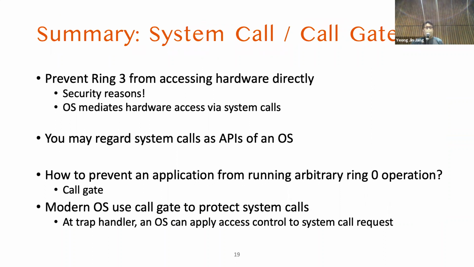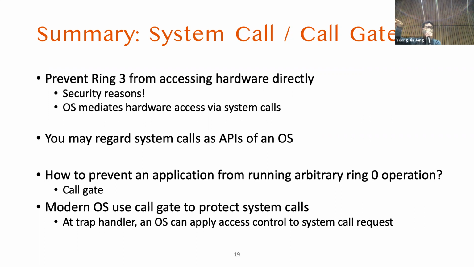So in summary, system calls are privileged services of the operating system that are opened as APIs to the application. But if we open the entire API of the operating system, then any user level application we don't trust can directly call weird functionality such as format.